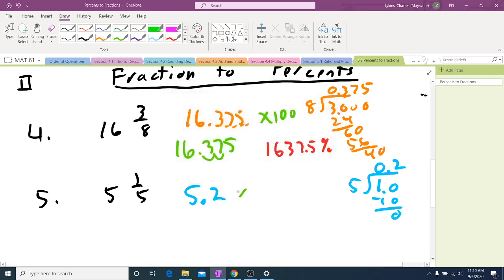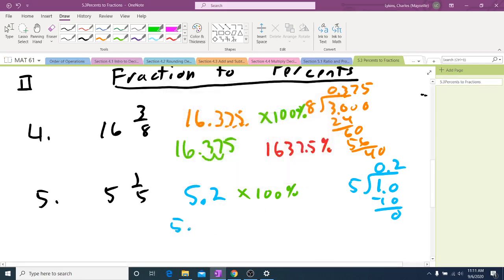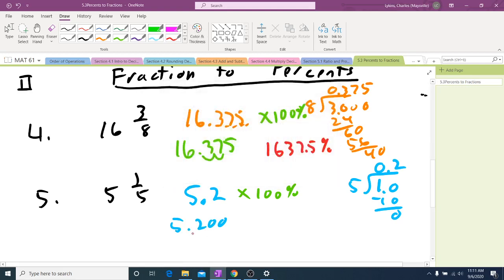Now I'm going to multiply by 100%. I'm going to put a couple zeros and move this decimal over 2 positions. So that would be 520%.